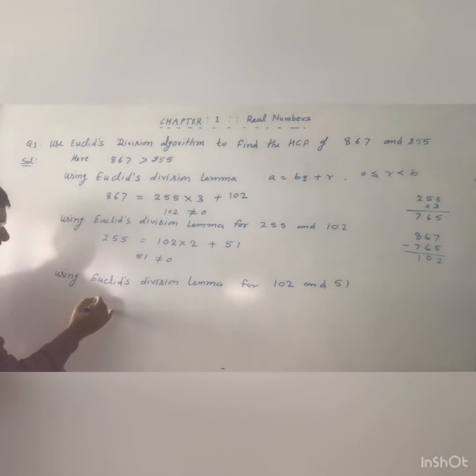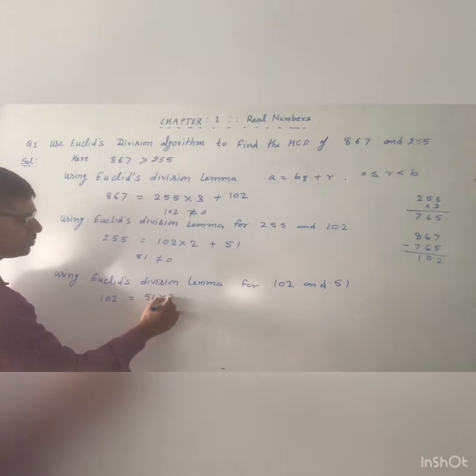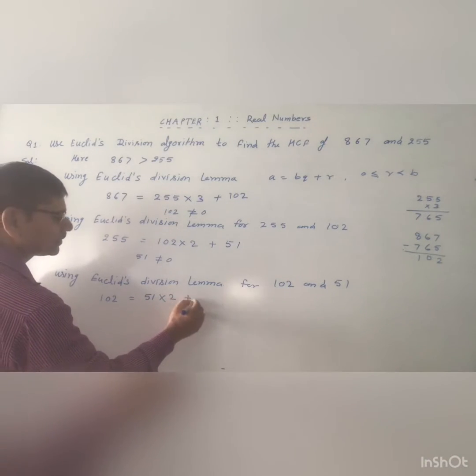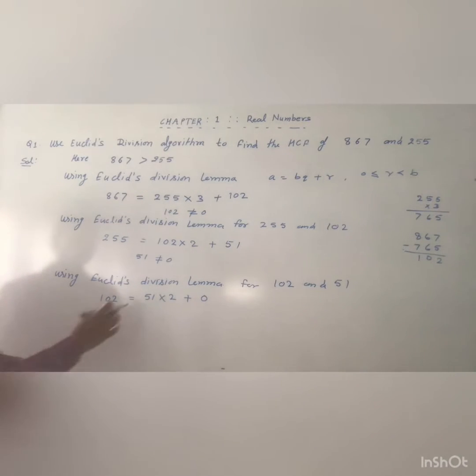So you will get here 102 equal to 51 into 2. How much remaining? 0, because 51 twos are 102.